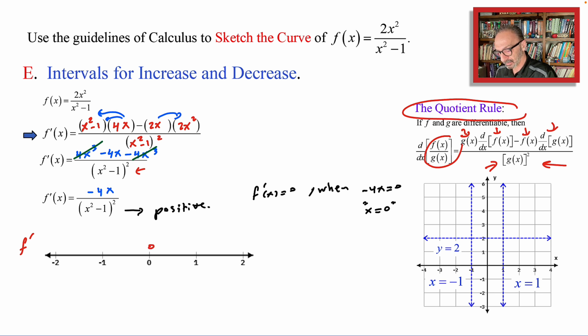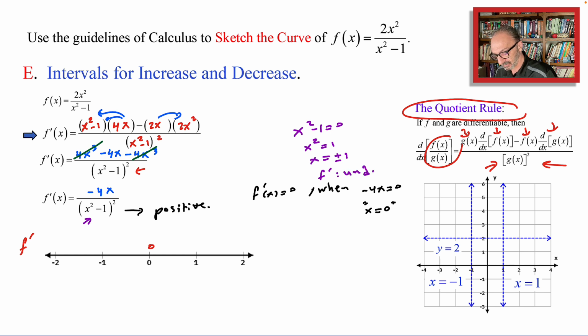And when we have zeros of the denominator, that is when x to the second minus 1 equals 0, that says x to the second equals 1, or x equals plus or minus 1. F prime would be undefined.